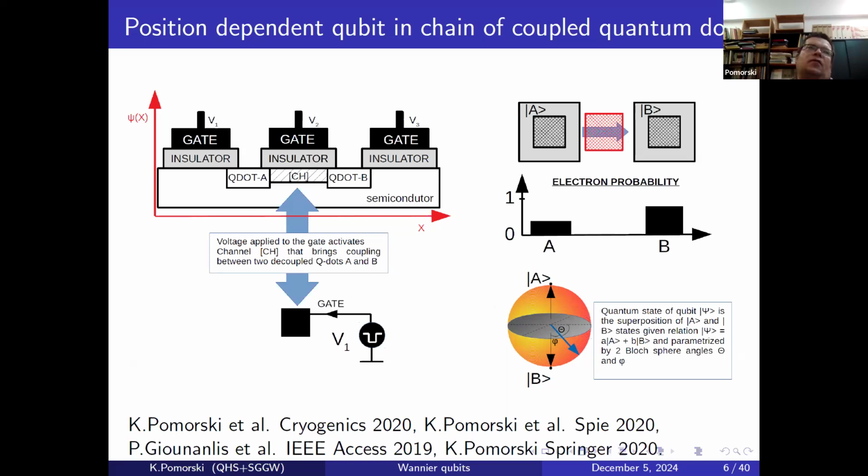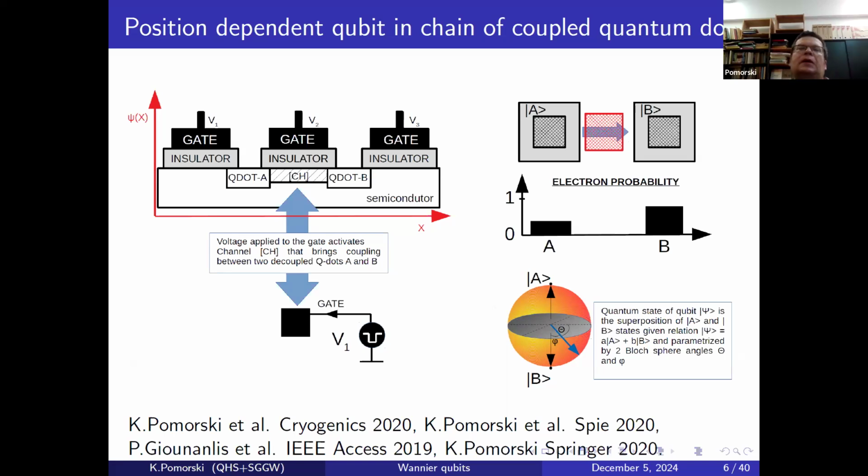So I would say the first idea of this type of device was experimentally implemented by Fujisawa in 2003. But even before that, Likharev, the father of rapid single flux quantum electronics, also considered such types of schemes.